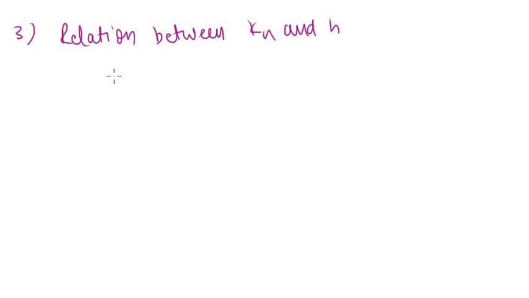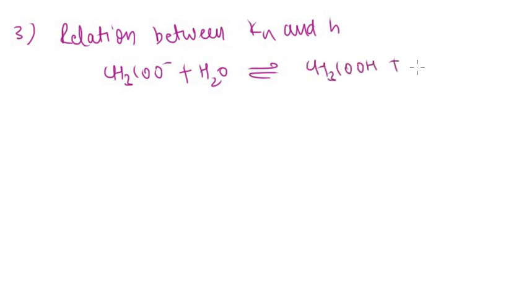Now the third part is the relation between KH and h. CH3COO minus on reacting with H2O forms CH3COOH plus OH negative. Its concentration is C minus Ch, and it forms Ch and Ch.